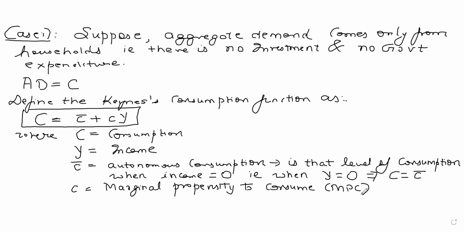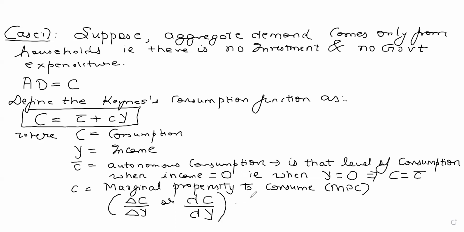So I can write that marginal propensity to consume is also nothing but change in C by change in Y, or to be more exact, it is the derivative of the consumption function with respect to income. When I take the derivative of the consumption function with respect to income, I get something called the marginal propensity to consume.